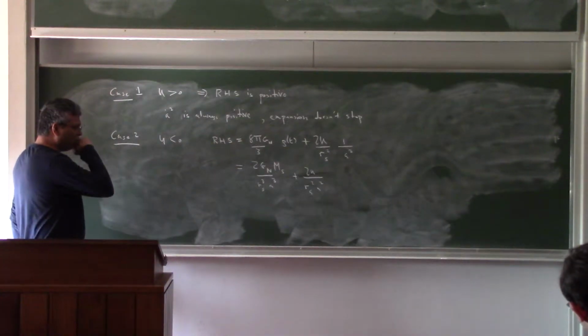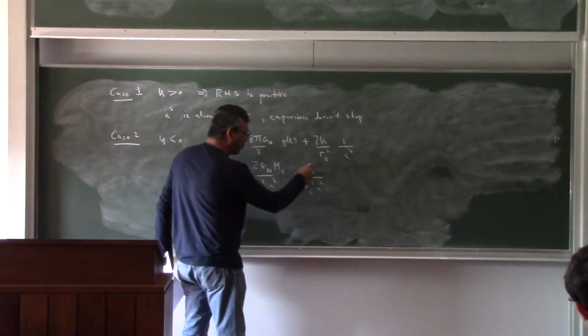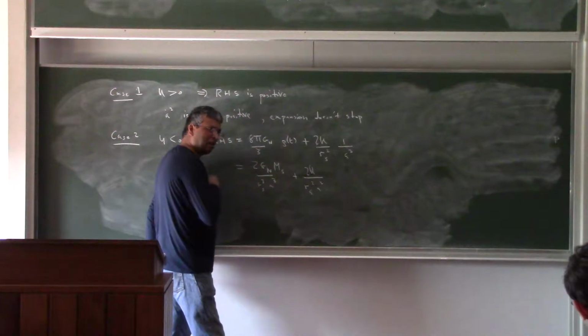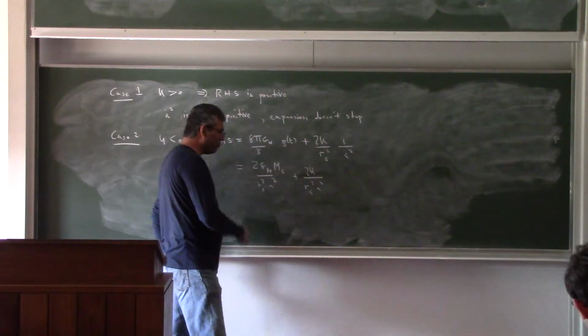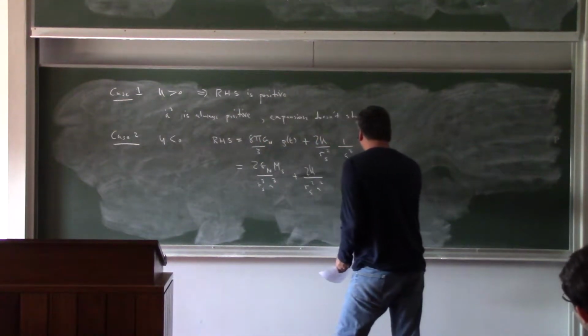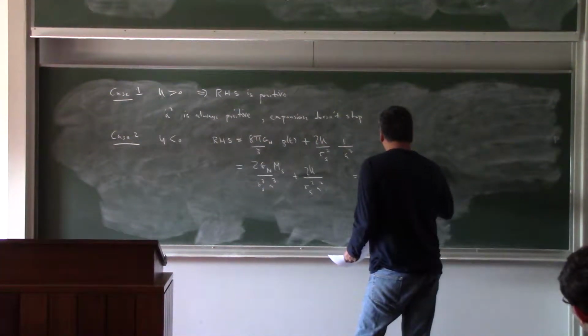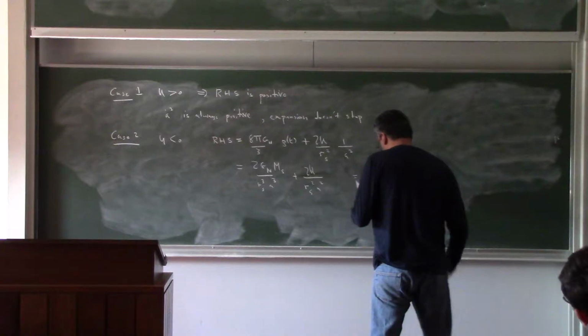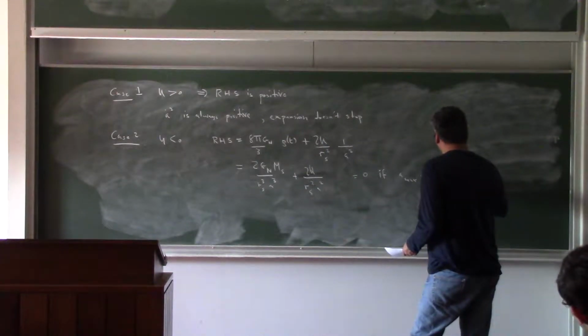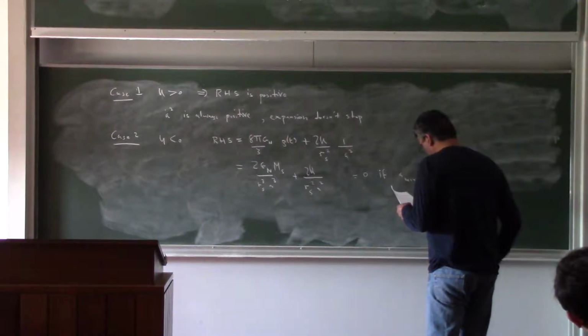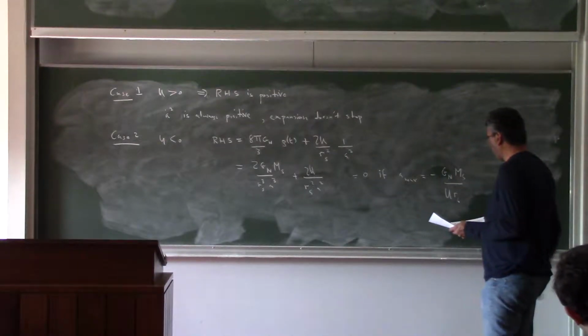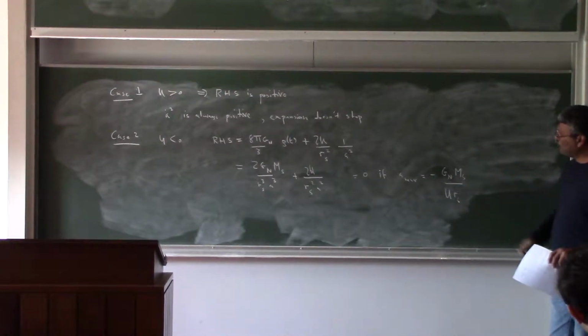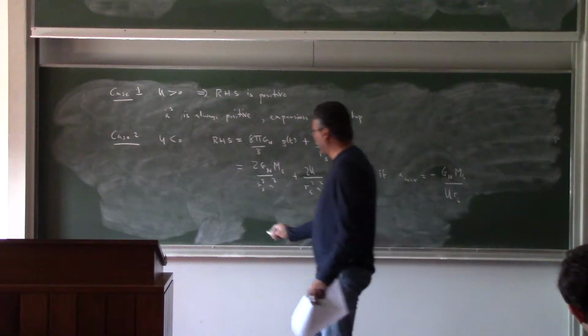And this can equal 0 if the negative term exactly cancels the positive term. So it equals 0 if a achieves a maximum, which is minus G Newton ms over u rs. So the expansion here stops at a max.